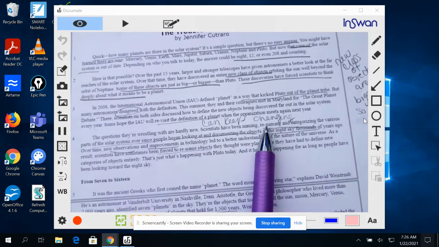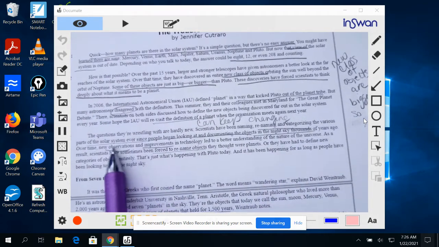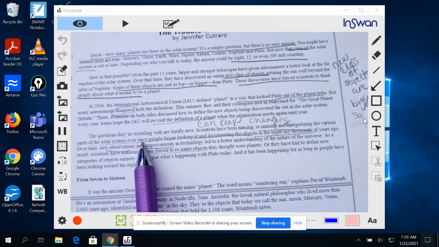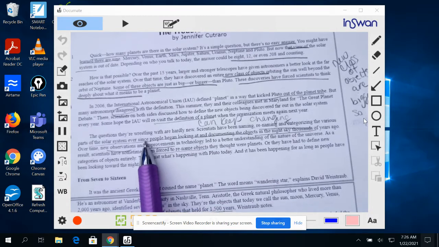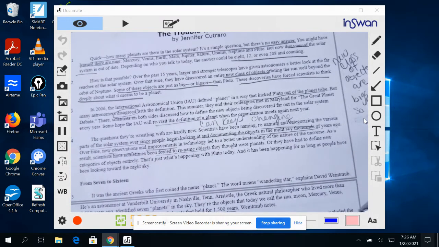And I noticed words like renaming and categorizing the various parts of the solar system. So I thought, again, that reinforces the idea that what defines a planet changes, and it's been changing over time. This is something that's always evolving.